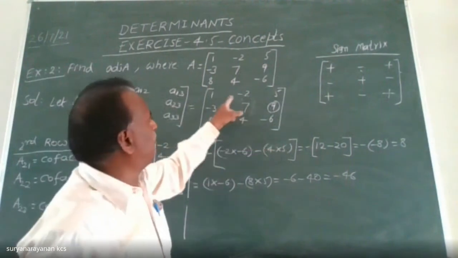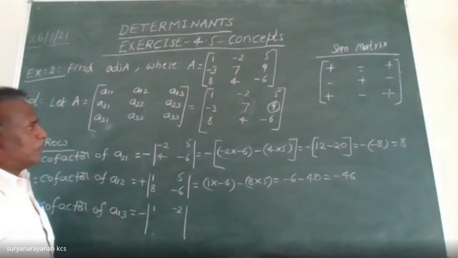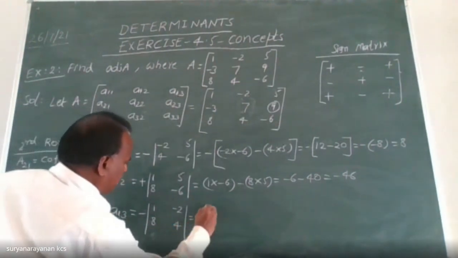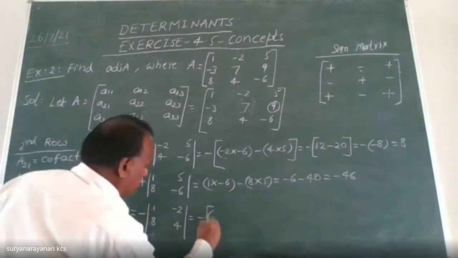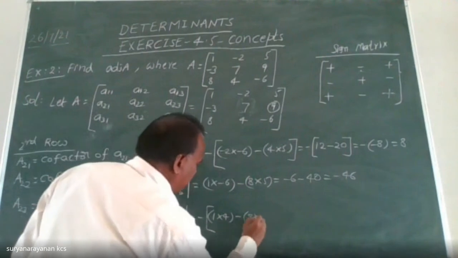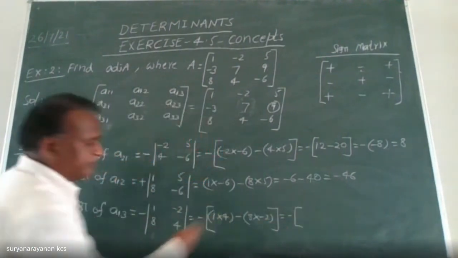What are the four elements left here? 1, minus 2, 8, 4. Minus of 1 into 4 minus 8 into minus 2. Now simplify these numbers.